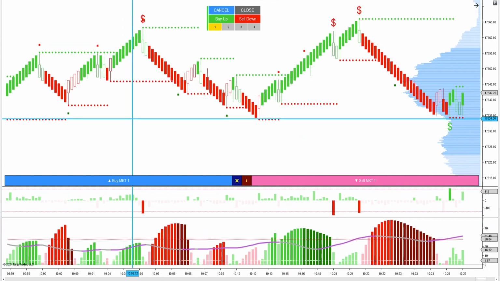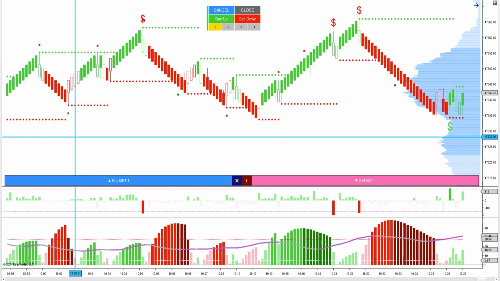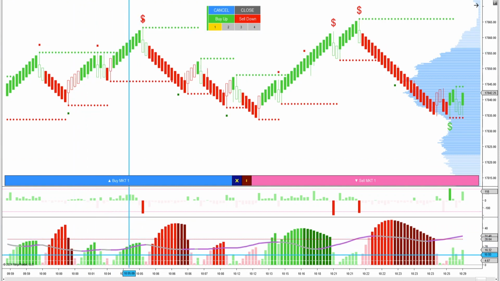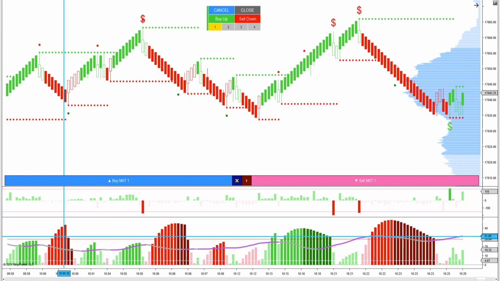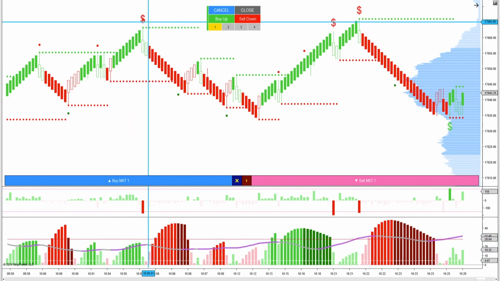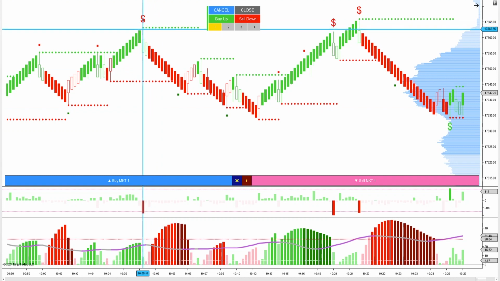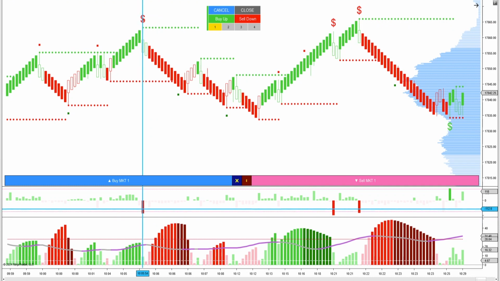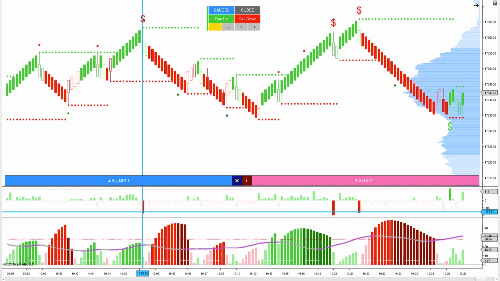A little bit later on in the morning, you can see as we're traveling up, our long moves are not as strong as some of the short moves on the histogram. Here we get some strong negative delta coming into the market. We've got our dollar sign signal. We've got this darker color of red popping out on the volume delta histogram.